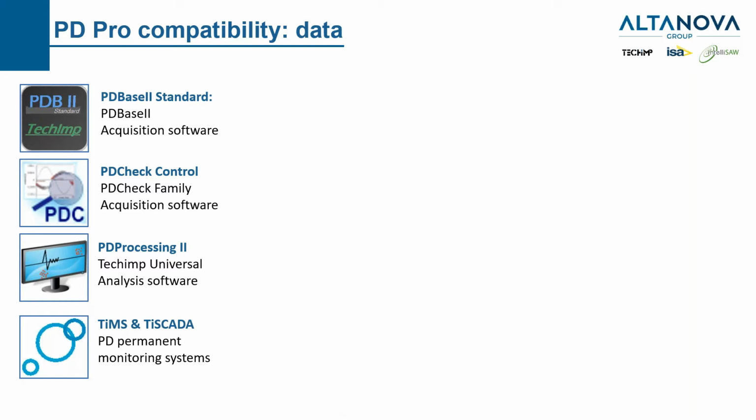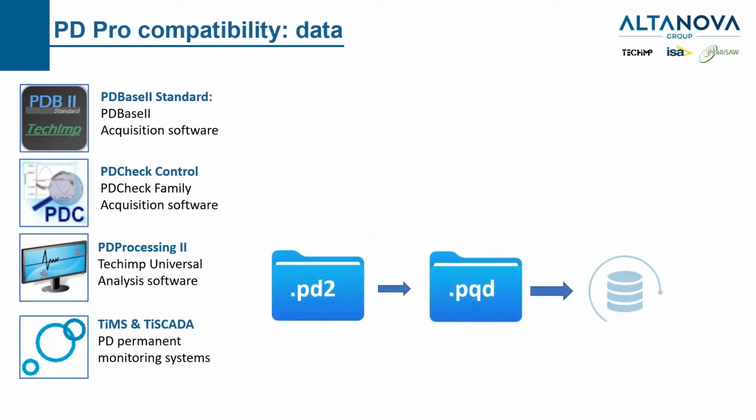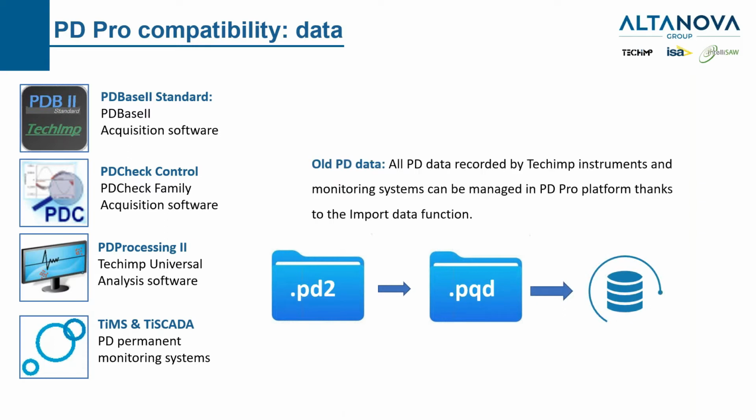Also the permanent monitoring system software, the older TIMS and the newer TSCADA. Those are all compatible with PD Pro. PD Pro is able to include all the existing data in the new database, and we can manage the old data just like the new, taking advantage of all the new functionalities of the software.